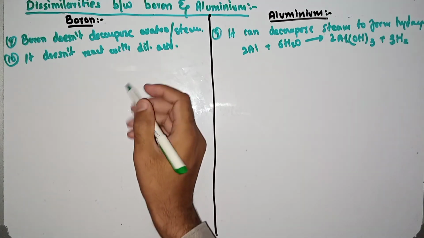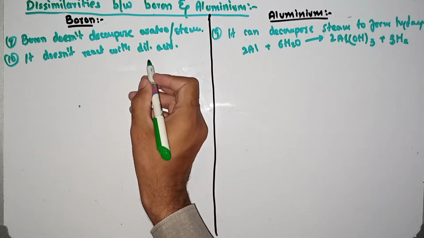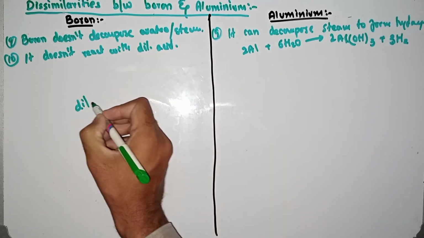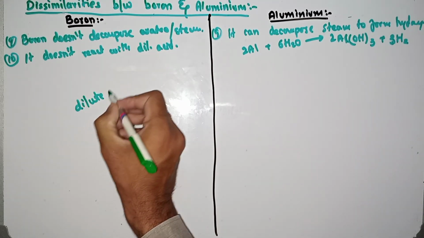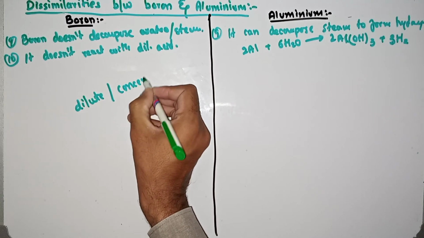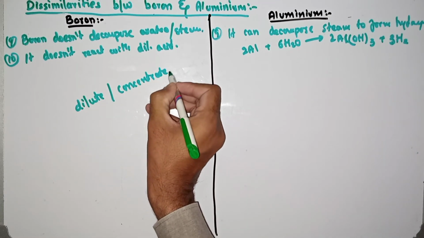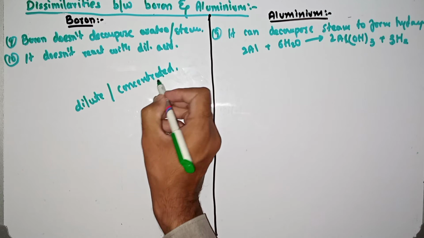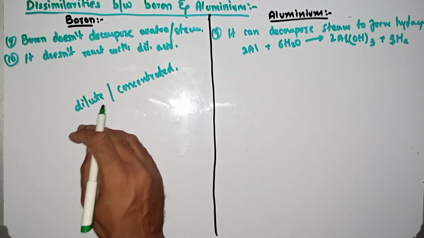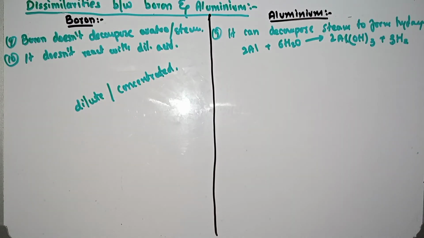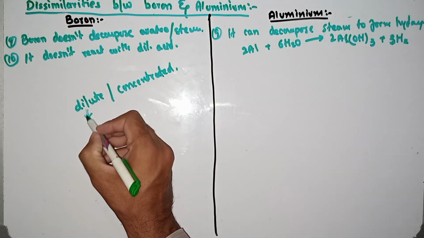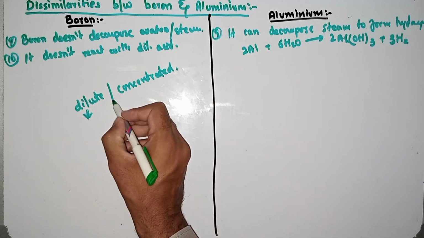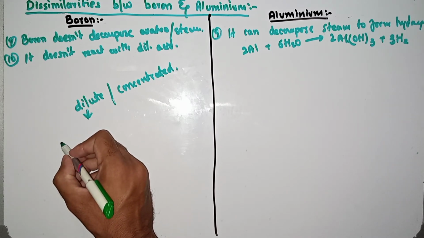Two words are used here, dilute and concentrated. One is a concentrated acid or concentrated solution, and one is a dilute solution or dilute acid. What is meant by dilute? Dilute means the concentration of solute is very less.